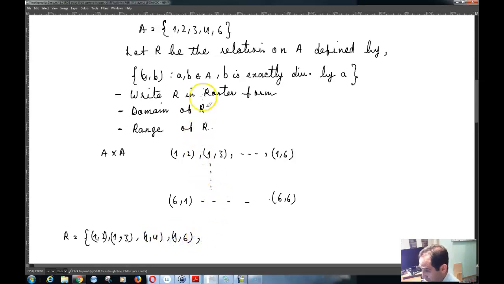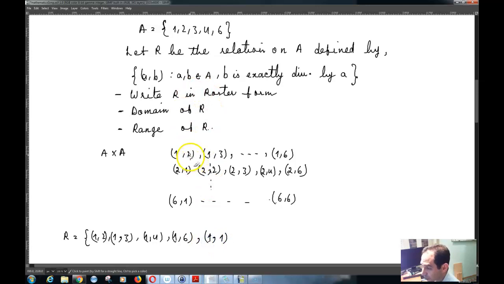Then you have 2: for example, (2, 1), (2, 2), (2, 3), (2, 4), and (2, 6). Oh, (1, 1) is also there.